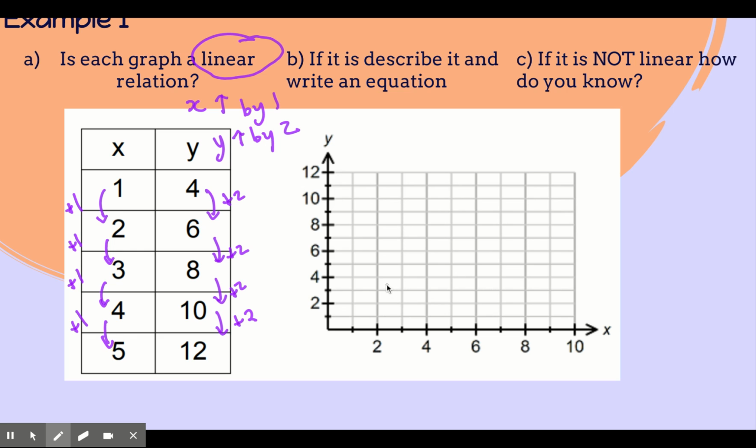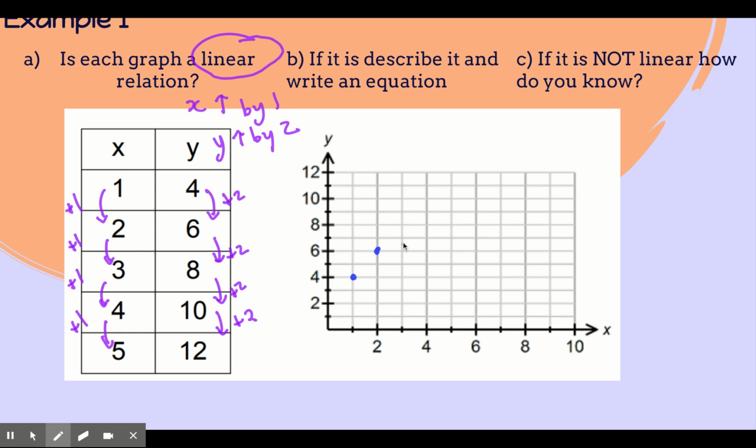So if I wanted to graph this, or if I was given a visualization for a graph, I'm going to remember x comes first, it goes on the bottom, y is up and down. So x is 1, y is 4. So 1 over, up 4. 2, 6. So x is 2, y is 6. 3, 8.